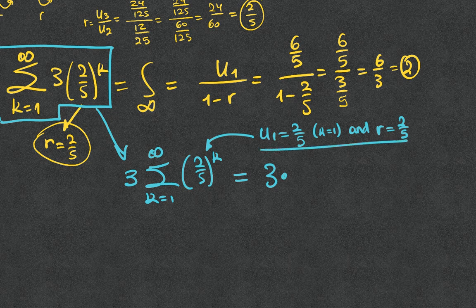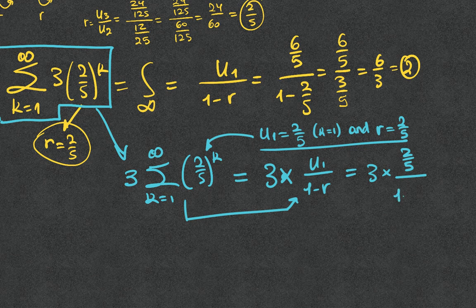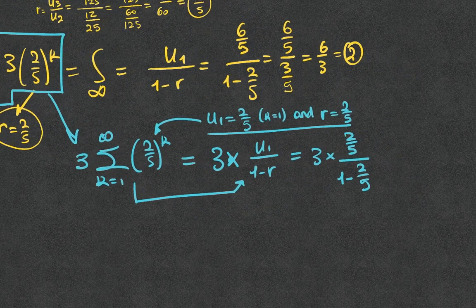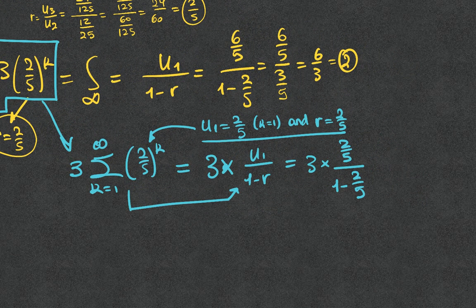So that's going to be 3 times the sum of u1 over 1 minus r, which is the infinite sum of that part. That's going to become 3 times the u1, which was 2/5, over 1 minus 2/5, which also is the ratio, because now my first term is 2/5 and my ratio is 2/5.